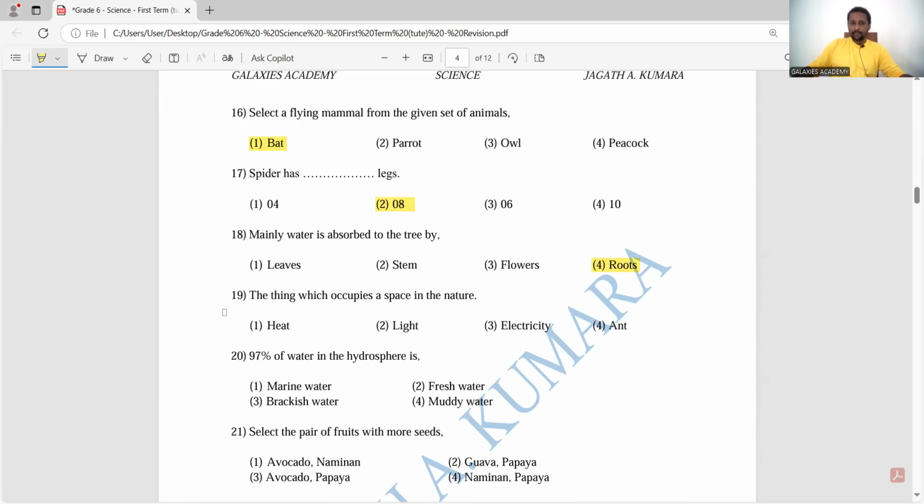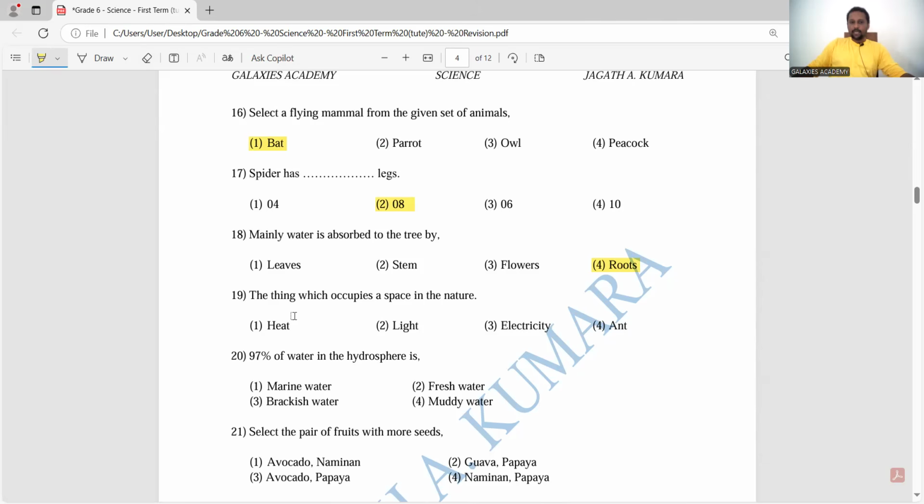Number 19, look at. The thing which occupies space in nature. The things that occupy space and have a mass are known as matter. The things that do not occupy space and have no mass are known as energy.